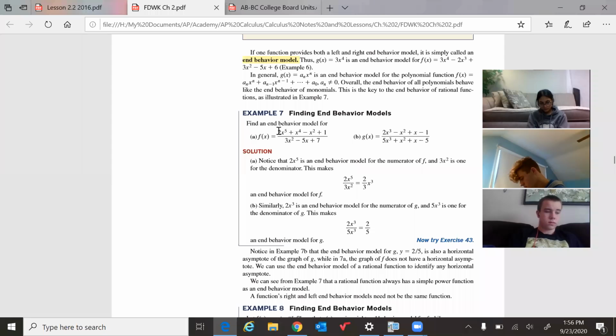So this numerator is going to be dominated by 2x to the 5th. The denominator is going to be dominated by 3x squared. So this thing, without graphing it, it's a non-calculator issue, will have the same end behavior as this. And what is that? The x is reduced and leaves you with 2/3 times x cubed.